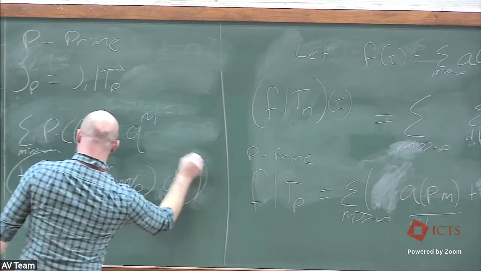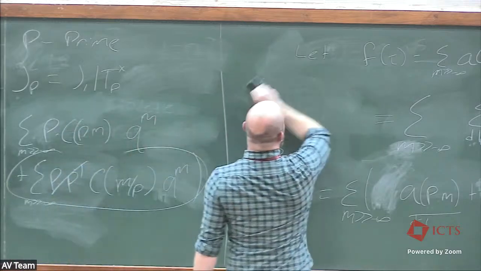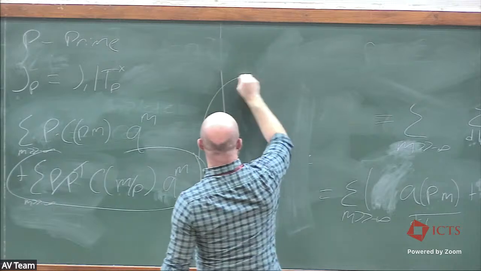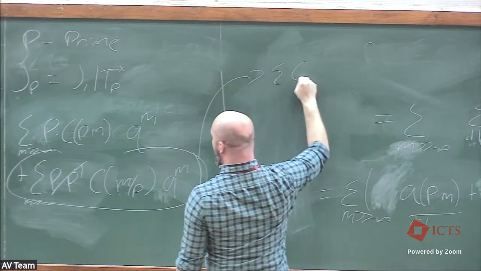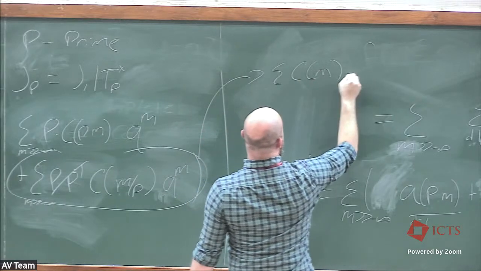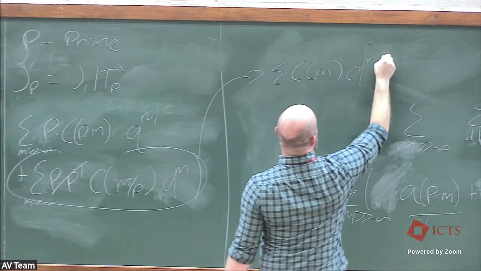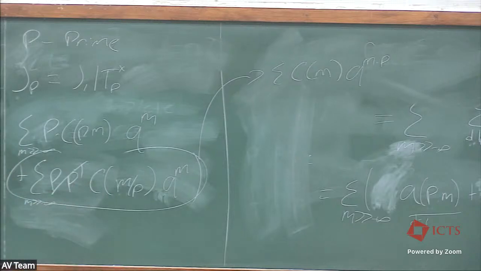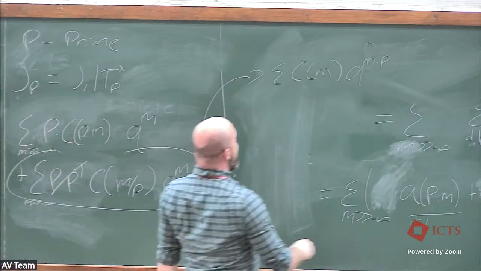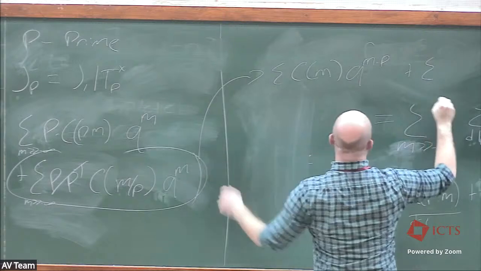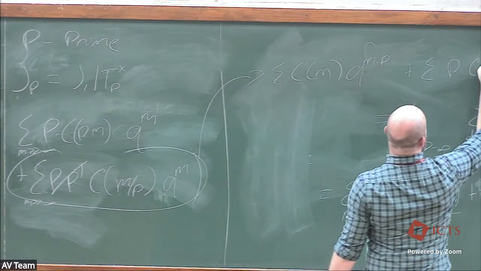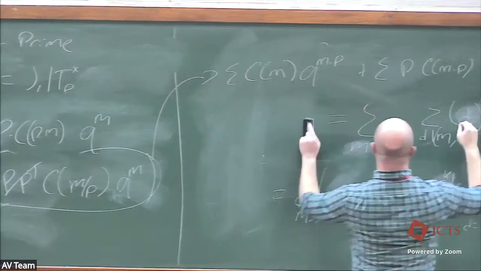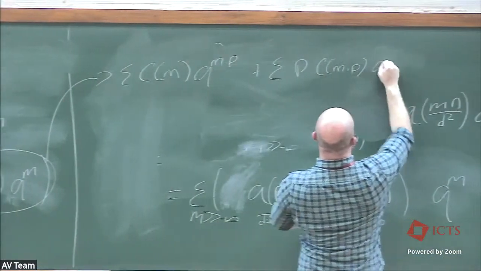This piece right here is going to become the sum of c_m times q to the mp. This is the part that's expanded; I'm spreading out my coefficients. And then, of course, I still have those terms over there, p times c of mp times q to the m.